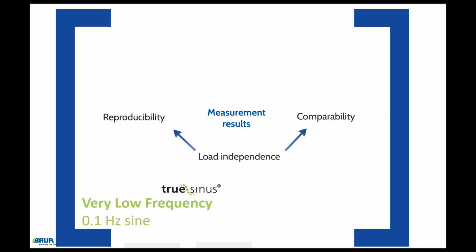This is due to its load independence, which can only be achieved by the true sinus 0.1 Hz sinusoidal voltage. Thanks to the comparability of the measurement results, the operator can build up empirical and reference values in the field of dissipation factor measurement and partial discharge testing. This comparability of diagnostic results massively increases the benefits of cable diagnostics.